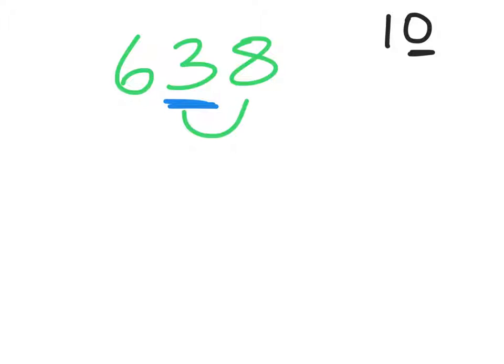Now I look immediately over to the right and I see I have an 8. And if my number is, remember, a 5 or higher, I round up. In this case, the number to the right of my tens place value is an 8. So I'm going to round it up. That means I round the 3 up to a 4, and my 8 will become a 0.